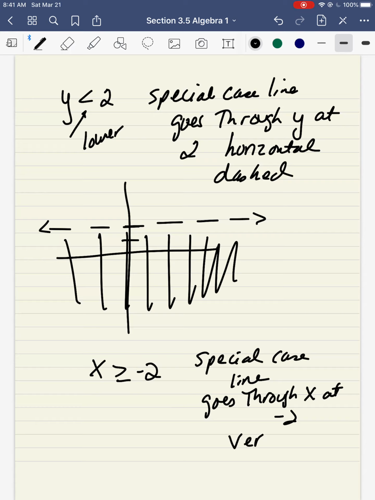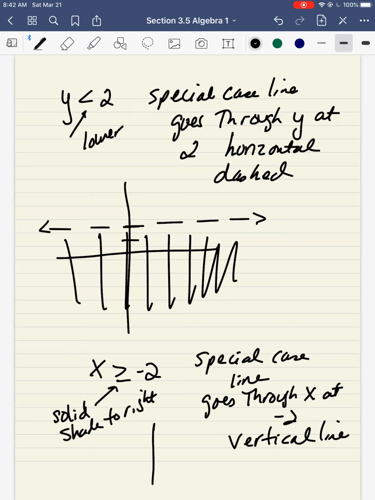So this is a vertical line. There's an equal sign, so it will be solid. And I'm going to shade to the right because it's greater than. So there's my line, x equals minus 2, solid, and I shade to the right because those are the greater than symbols.